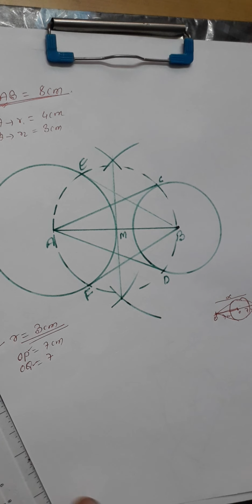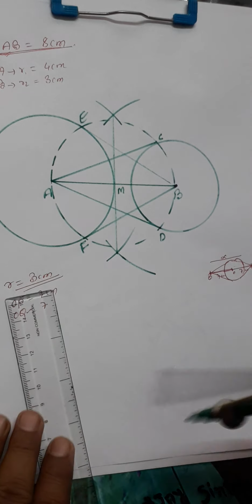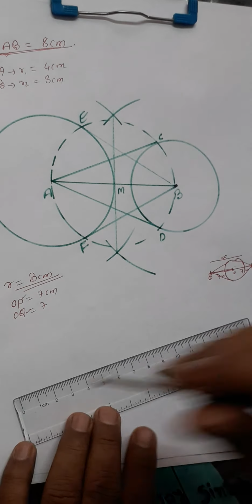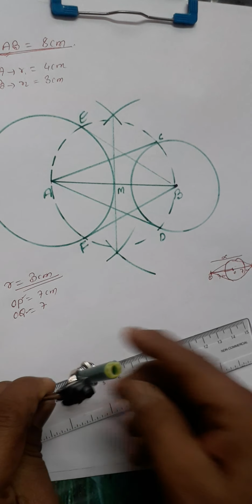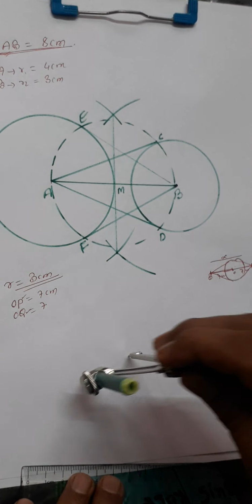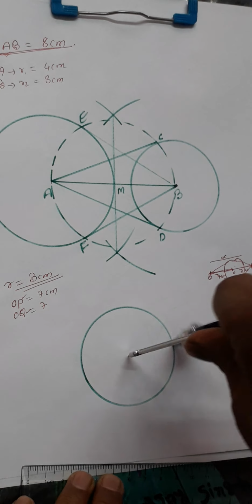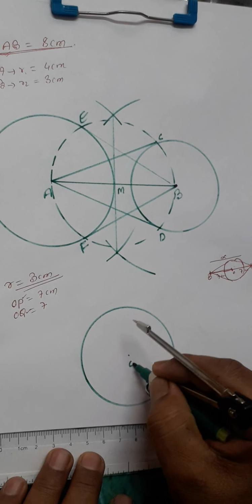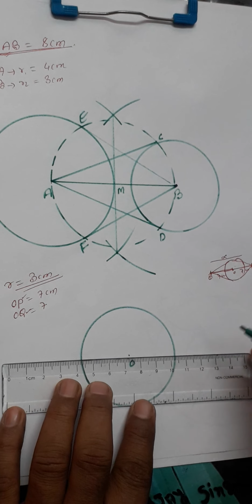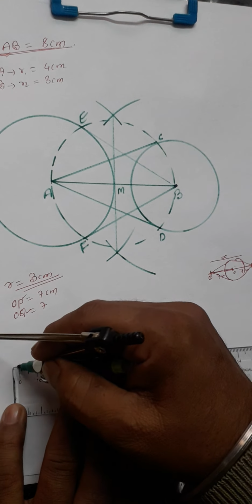First of all, we will draw a circle of radius 3 centimeter. Now this is a circle of radius 3 centimeter. This point O is the center of the circle. We will draw a diameter here and extend it to both sides.